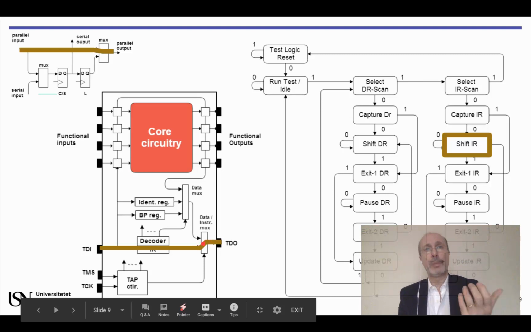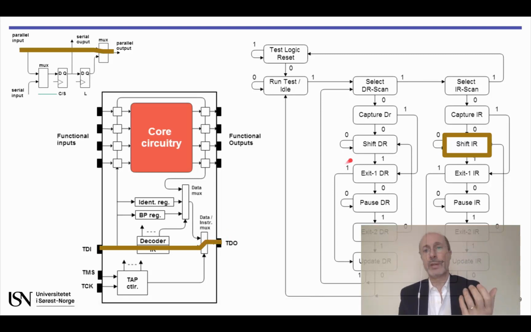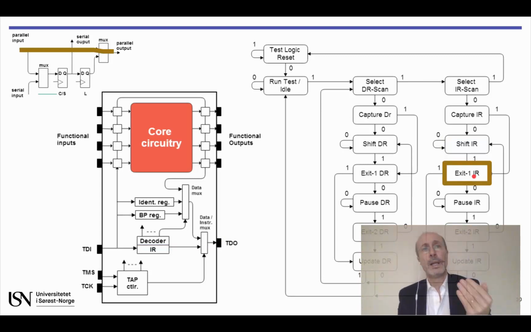We will remain in this mode while TMS is held at 0 for as many test clock cycles as the number of bits in the instruction register. However, in the very last test clock cycle, TMS must be driven to 1 so as to move out of shift instruction register as the last bit of the instruction code is shifted in.